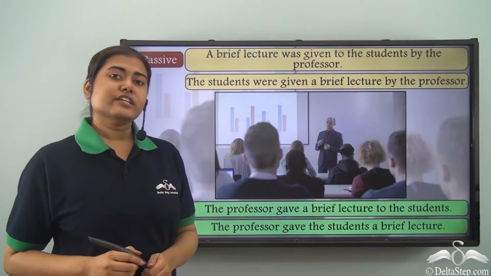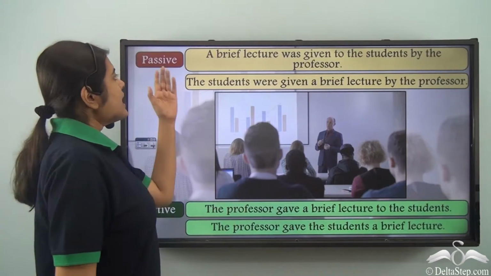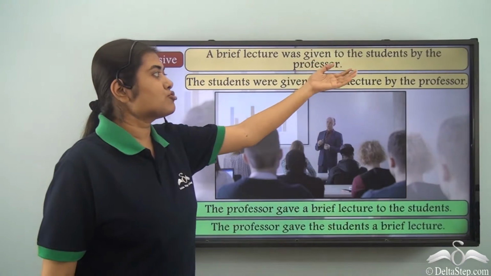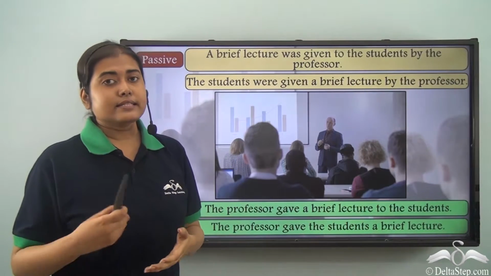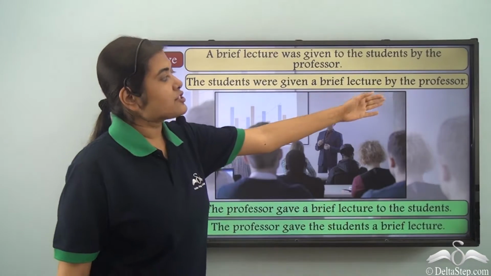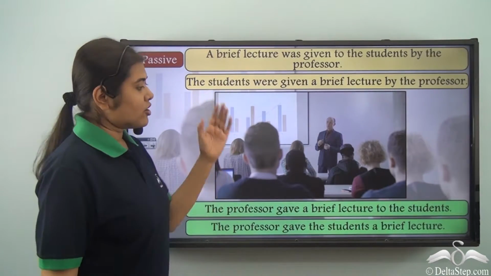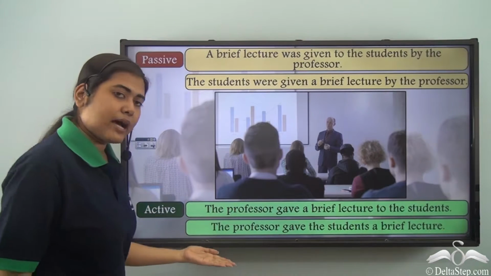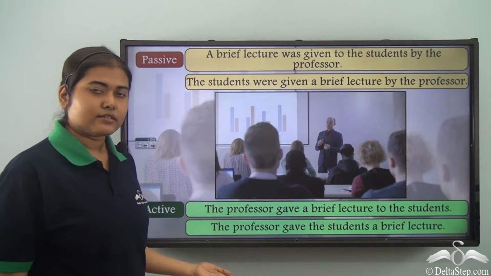Now, here we need to note another thing. If instead of this sentence, a brief lecture was given to the students by the professor, the sentence would have been, the students were given a brief lecture by the professor, then also we could have changed it into active voice by these two sentences.